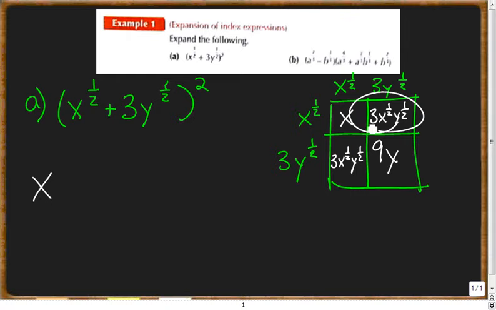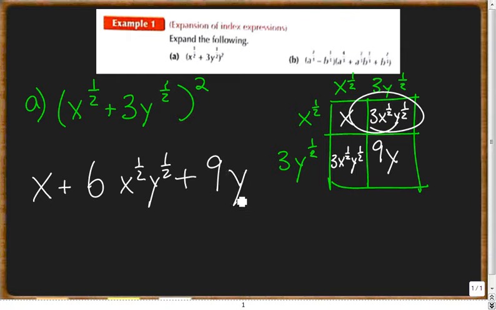We have a 3x to the 1/2, y to the 1/2. We have another 3x to the 1/2, y to the 1/2, which overall makes 6 of them. And then lastly, we have our 9y at the end.